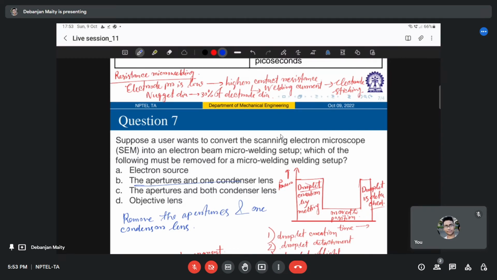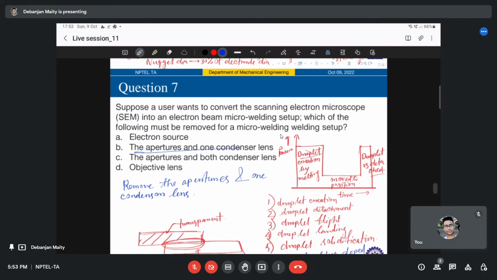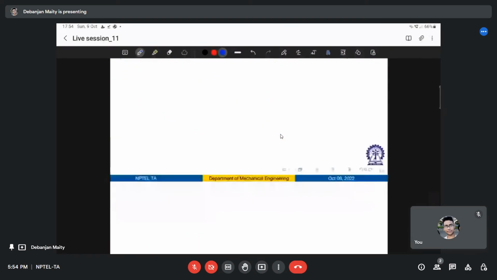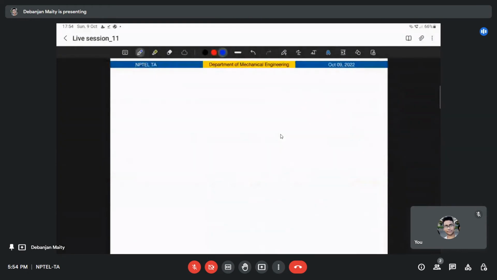So let us try to draw some schematic. I'm not sure I am able to do that or not, but let us try to do that to understand what happens in the SEM principle. Let me take this portion of this presentation.